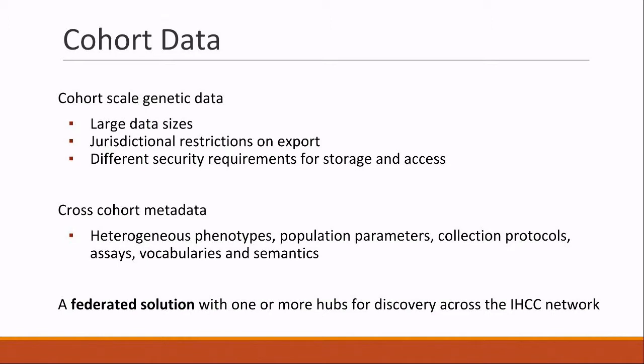If you think about the metadata, we've got heterogeneous phenotypes, different collection protocols with different vocabularies, different data dictionaries, and trying to get some sort of semantic interoperability is probably one of the most significant challenges for cohort interoperability, and we heard a little bit about that this morning from some of the directories.